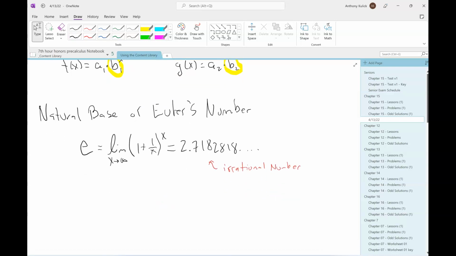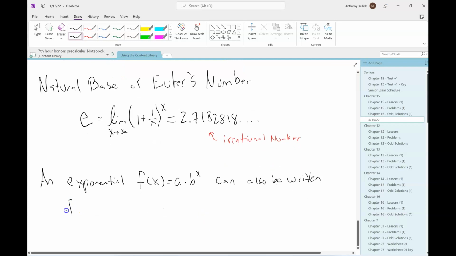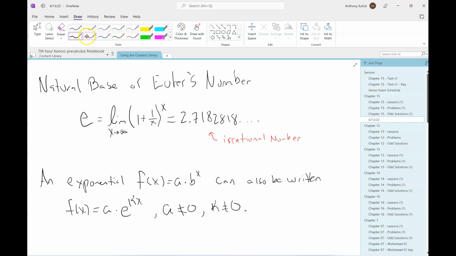So what we're going to say then is some exponential function f of x equals a times b to the x can also be written f of x equals a times e to the kx, where a is not 0 and k is not 0.